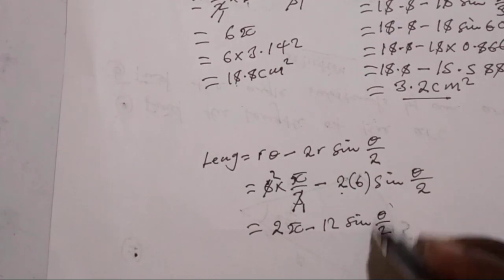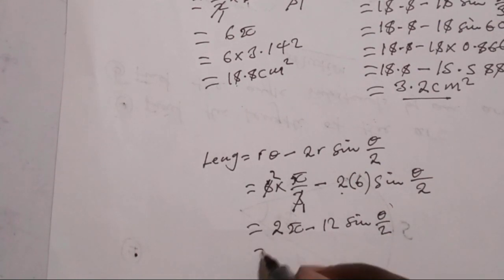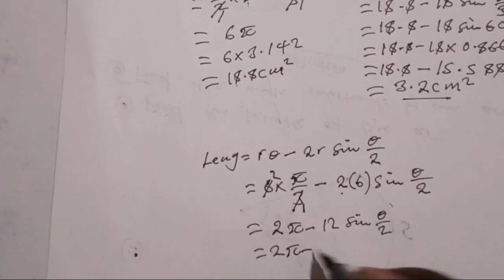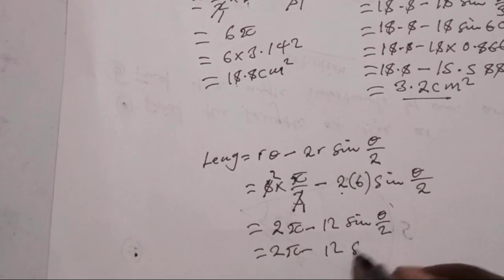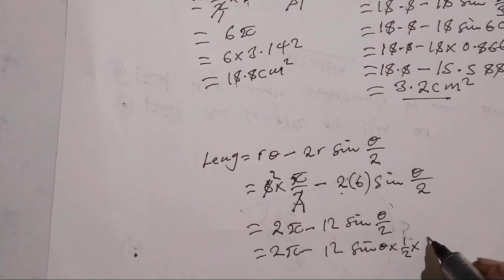So we have to take this half and multiply it by theta, which we have pi over 3, in which we are going to have 2 multiplied by 3, which is 6.